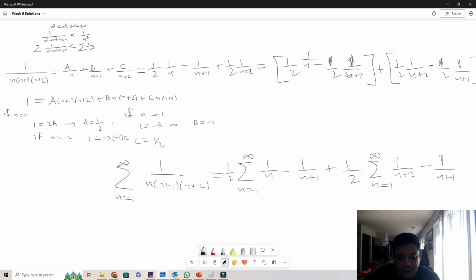And as you can see, these are two telescopic series. And then we can split this apart as 1/2 times the limit as n goes to infinity of plugging in the first term, which is 1 here, minus 1 over n plus 1, and then plus 1/2 times the limit as n goes to infinity of plugging in 1, I'm going to get minus 1/2, plus 1 over n plus 2.